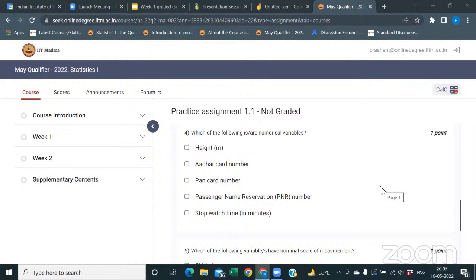But still, you are not able to perform any meaningful mathematical operation, so it is not a numerical variable. Suppose phone number: on a phone number, you cannot perform any meaningful mathematical operation. Right?